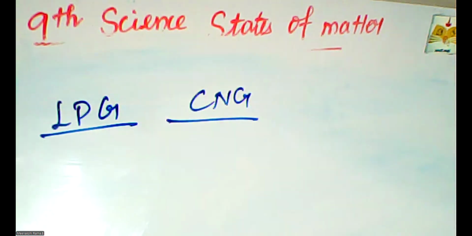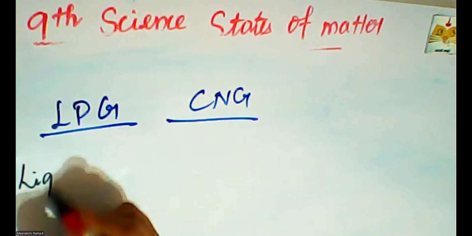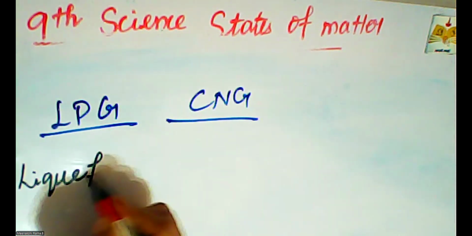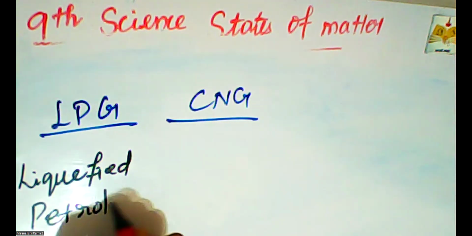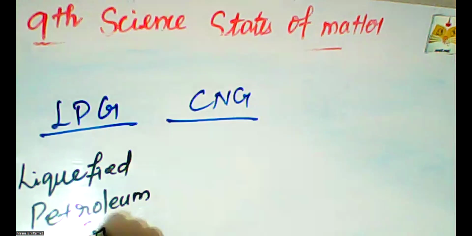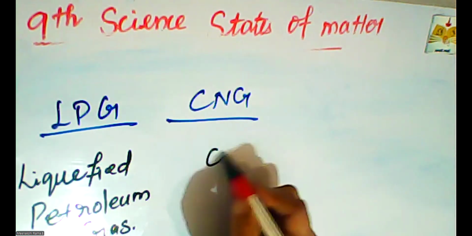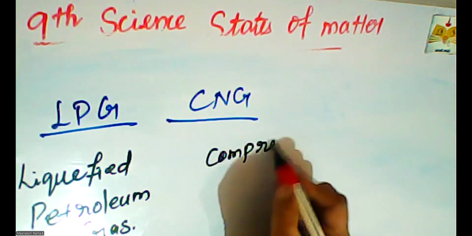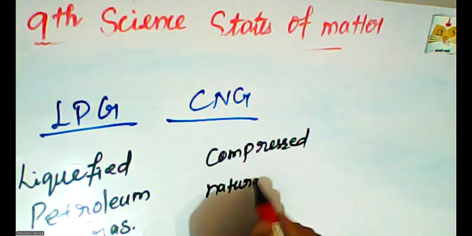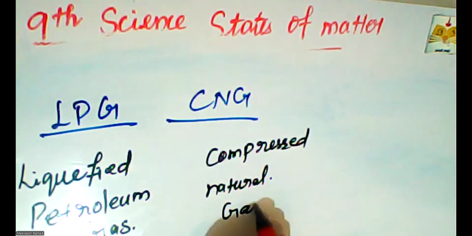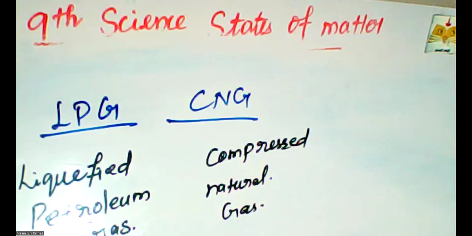LPG means liquefied petroleum gas. CNG is compressed natural gas. What are the uses of liquefied petroleum gas? It is used for cooking.